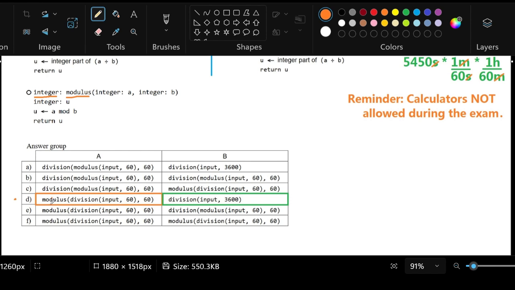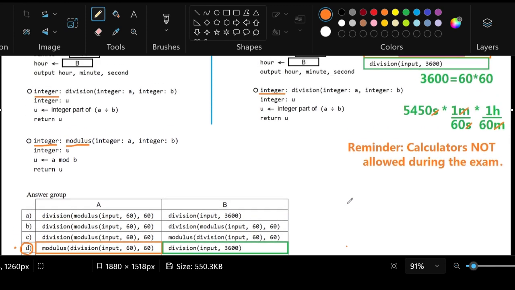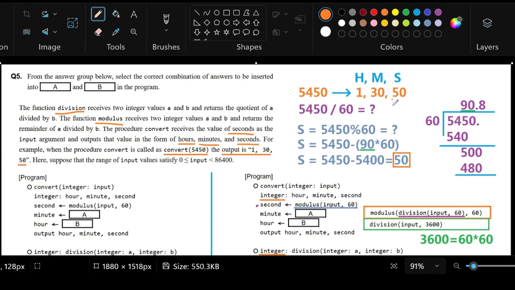I think in this case I chose the correct answer, which is D. And again, if you have some idea that this might be the correct answer, remember to test the idea by putting in the actual values. In this case, if we are going with letter D, then we of course would need to check whether the output 1, 30, 50 would be what we'll get when we put those into the blanks.